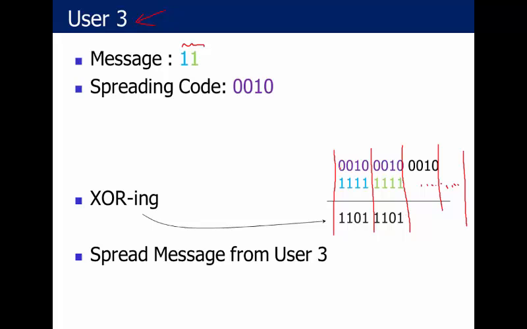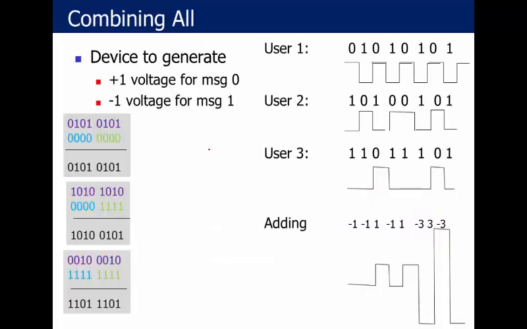We apply exclusive OR. 0 and 1 returns 1, 1 and 1 returns 0, and so on and so forth. All three together: we have user 1 data, user 2 data, and user 3 data.